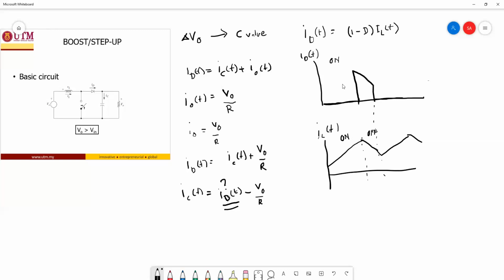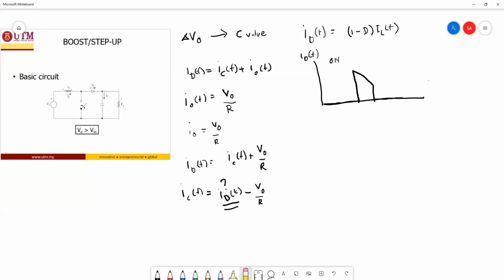Since we now have the I diode, we can draw the I capacitor. Can you sketch the I capacitor for me?